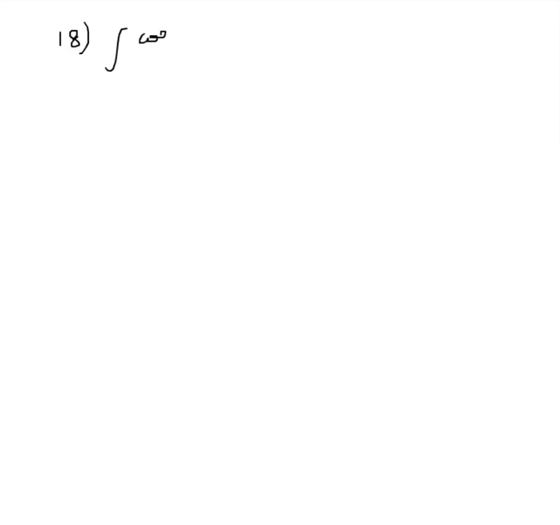Question 18. Integral of (cos 2x plus 2 sine square x) divided by cos square x dx. In the sine square x and cos square x terms, we have the angle x, but the first term has cos 2x. So I'm going to use the cos 2x formula.